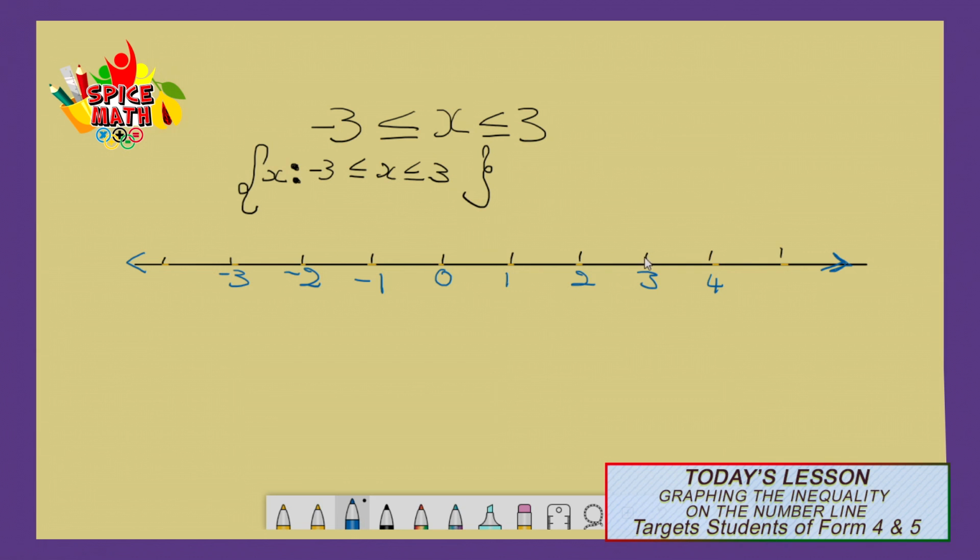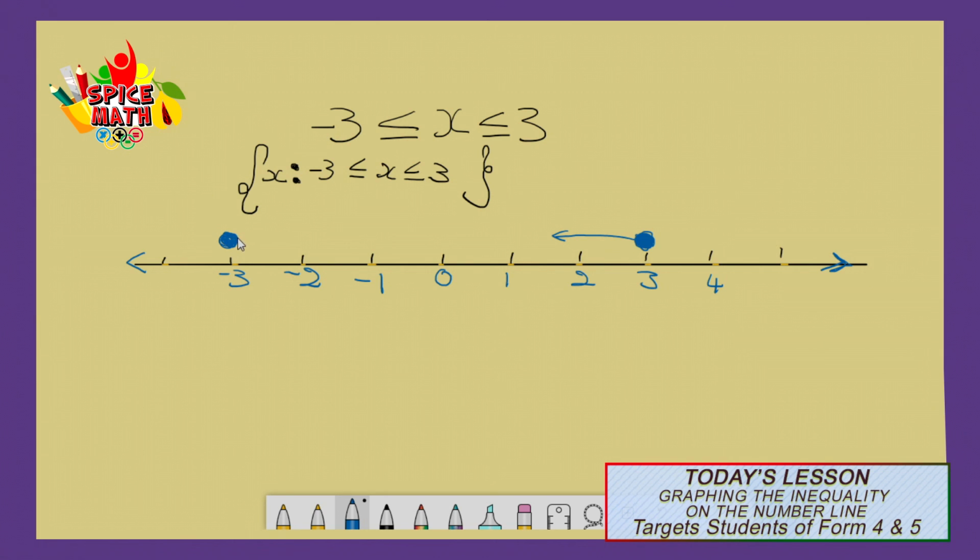So I go to 3 and I make a big bold circle because x is equal to 3. However, x is less than 3, so I'll have an arrow pointing this way. On the left hand side, I notice that x is equal to -3, so I'm going to put a big bold circle on -3.